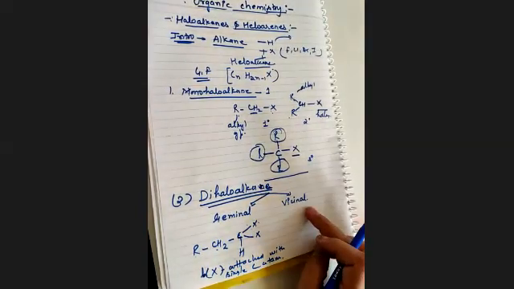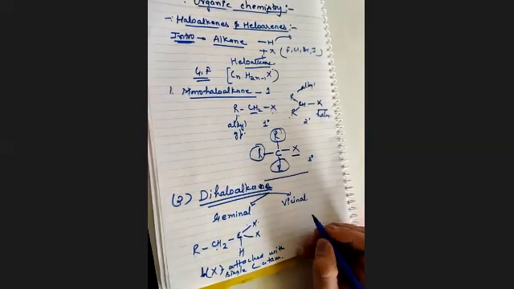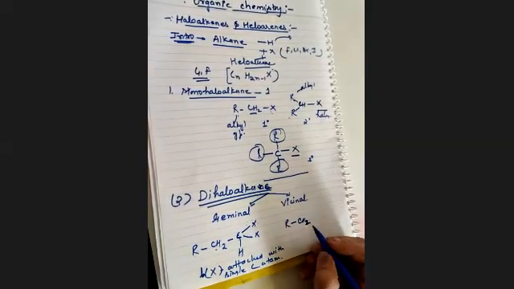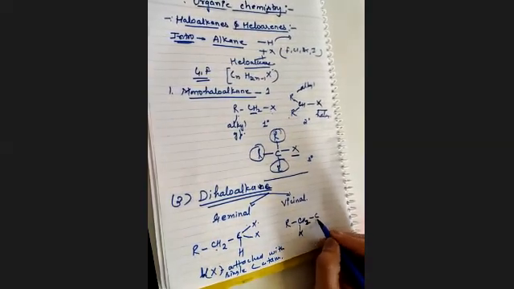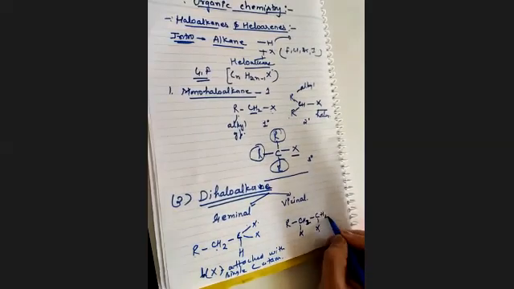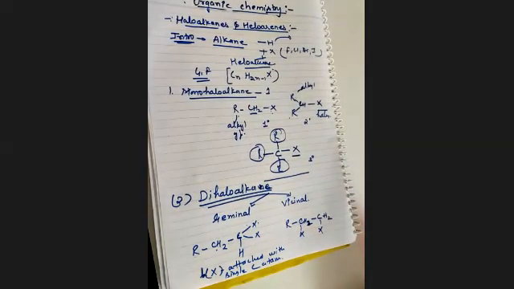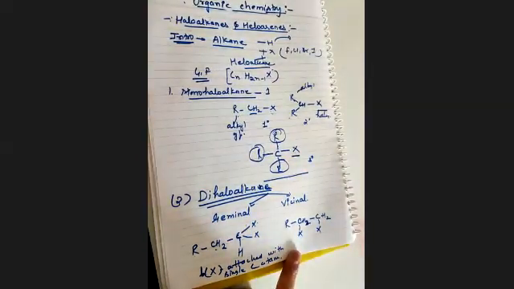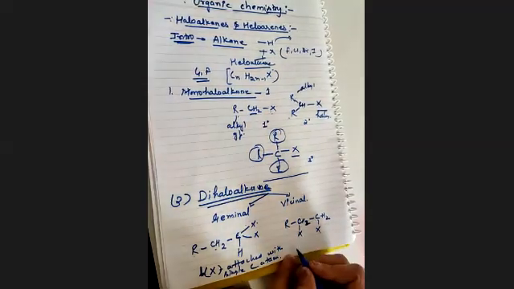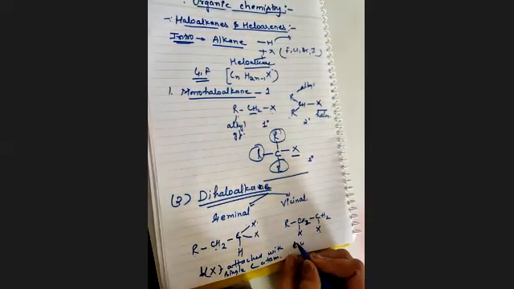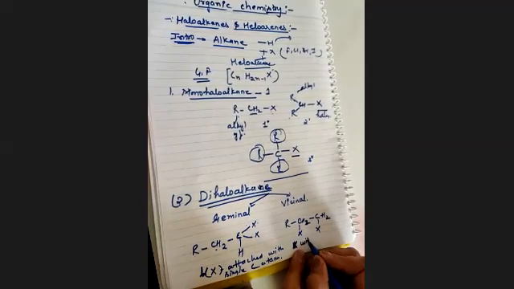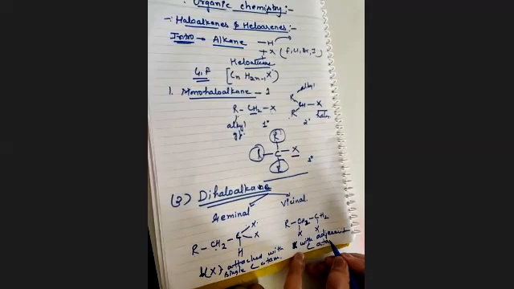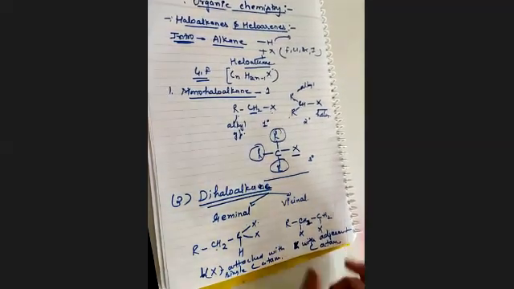And if we talk about vicinal, at that time your alkyl group, CH3 like CH2, we attach two halogens with different carbon atoms. Okay. Now, the halogens are attached with adjacent carbon atoms. So this is the basic rule.